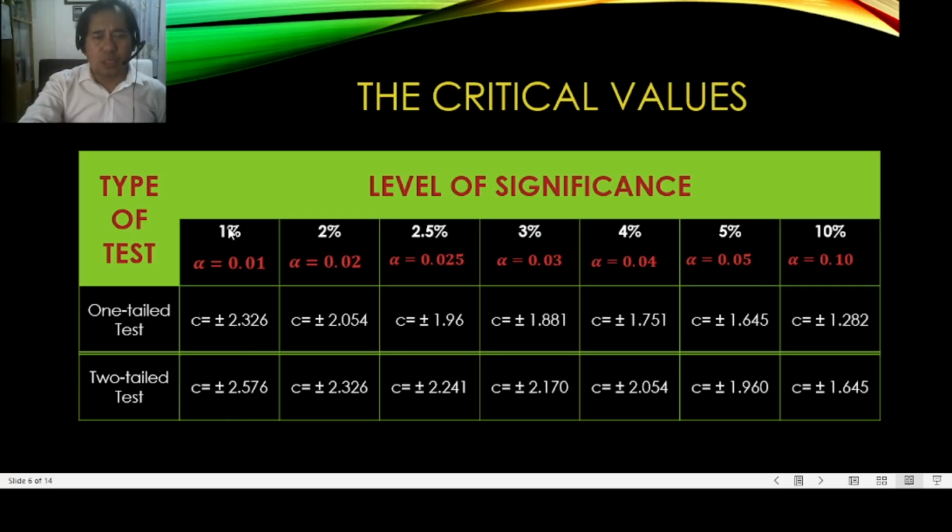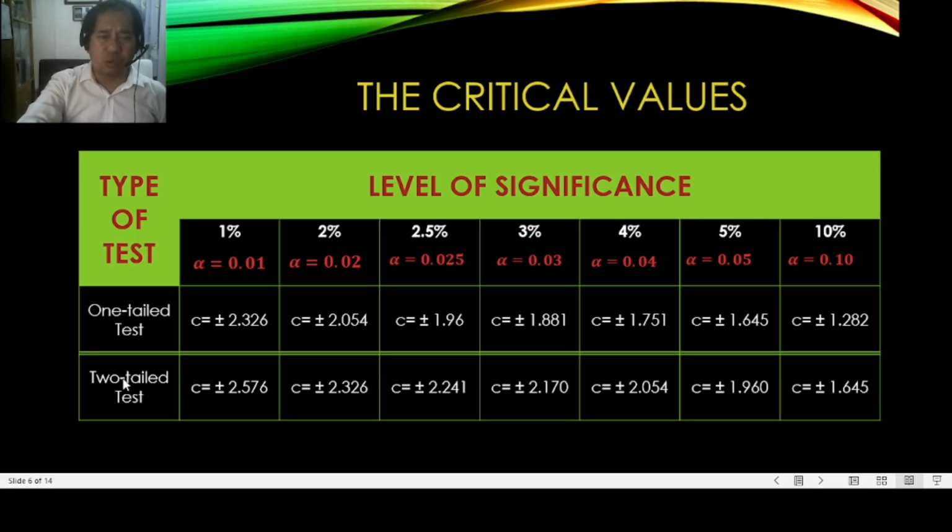So meaning, if we have an alpha level of 1%, this alpha level will be divided into two so that the rejection region on the right side will be 0.5% and the rejection region on the left side will also be 0.5%. Okay? And of course, the critical values are located on the right side and left side.